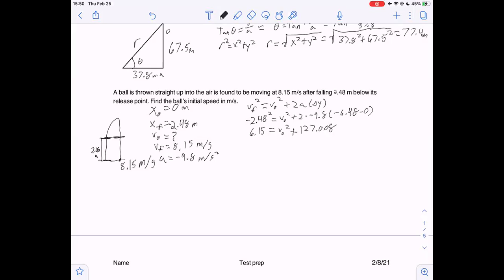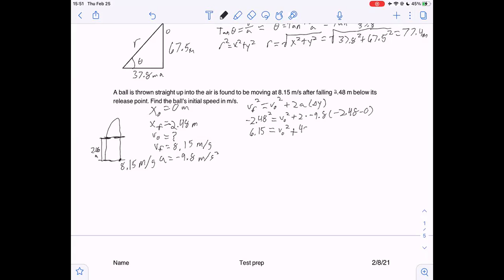27.008. Two. I was wondering why I was getting such a big number for that. Okay, that's better.